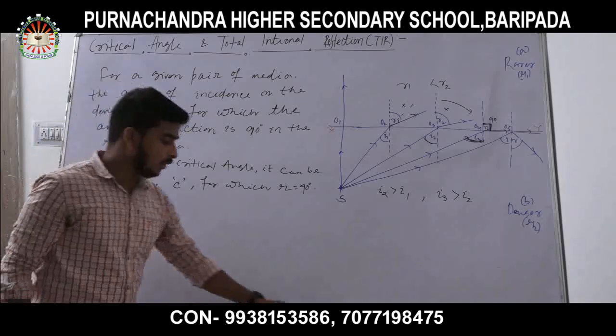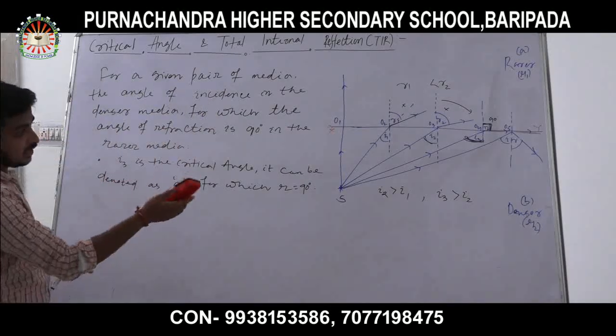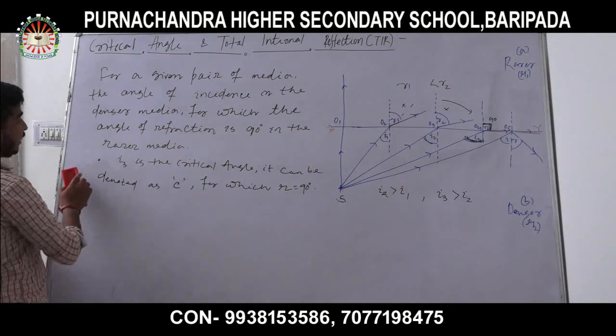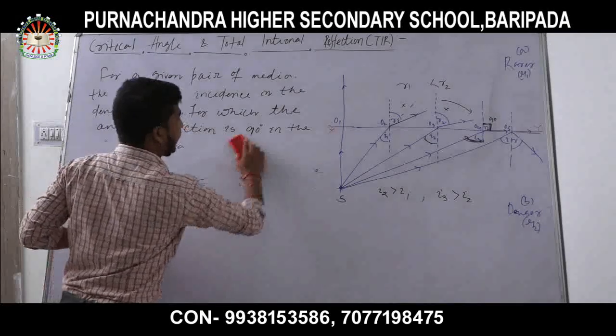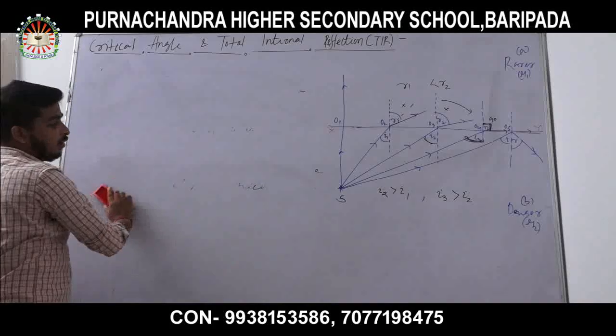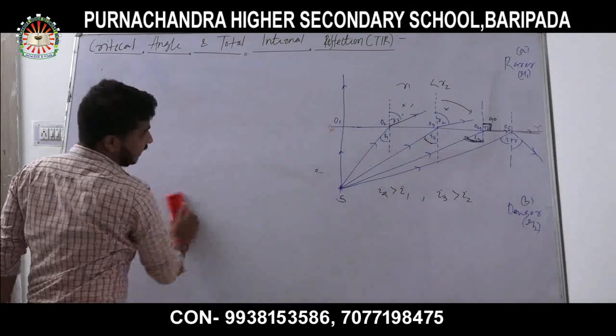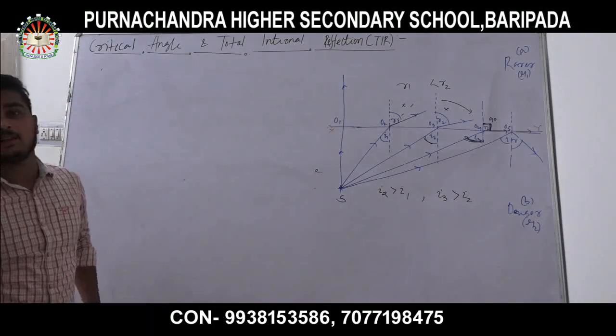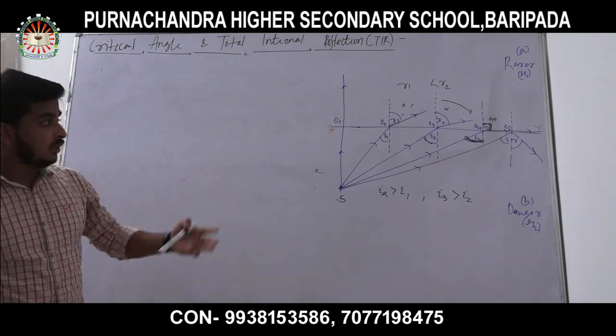Now let's find the expression for critical angle. So we know that according to Snell's law, sine of incidence angle divided by sine of angle of refraction is a constant.